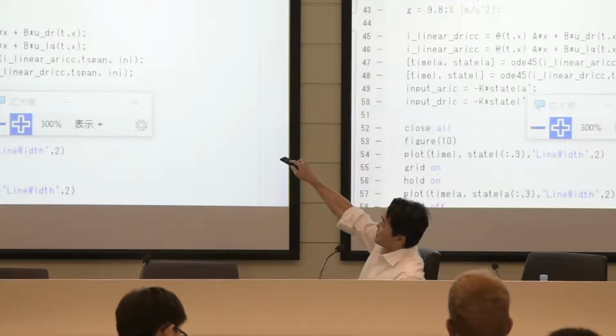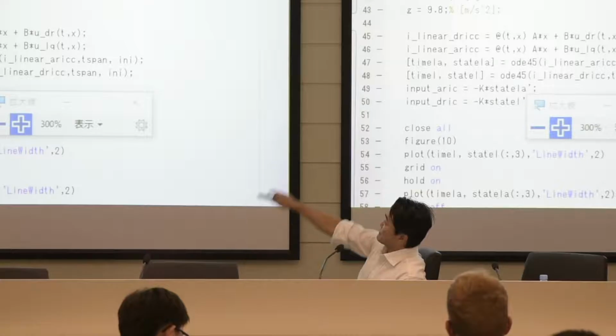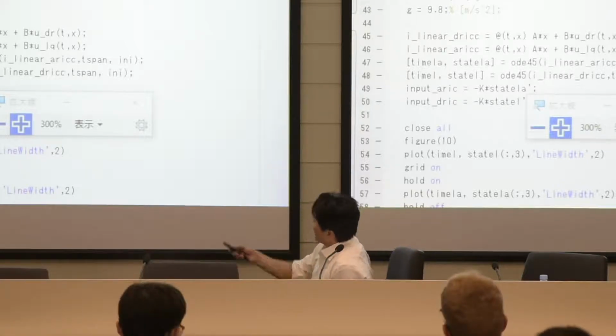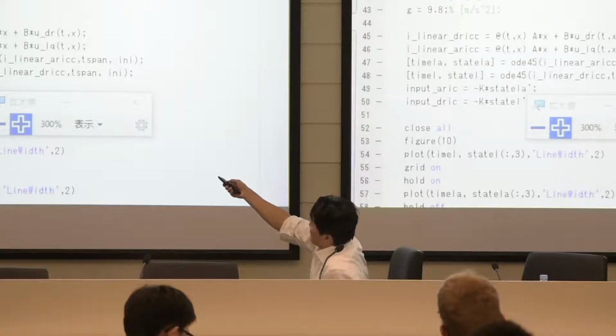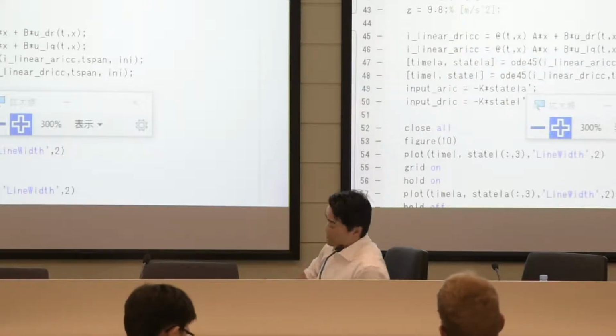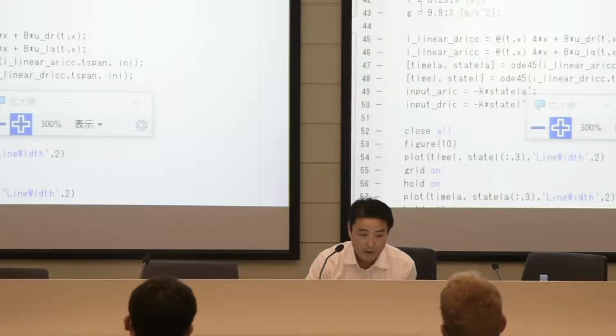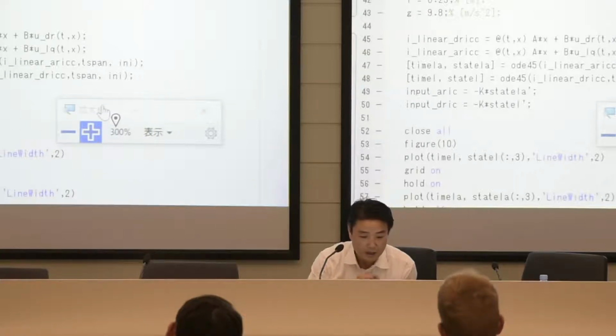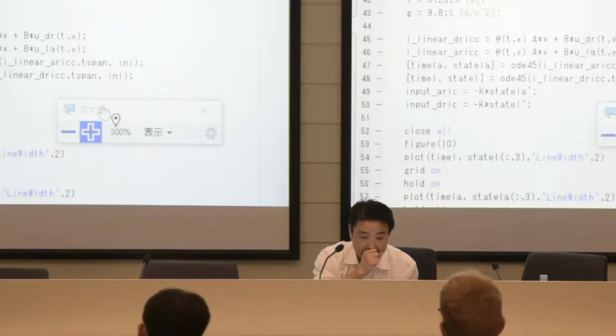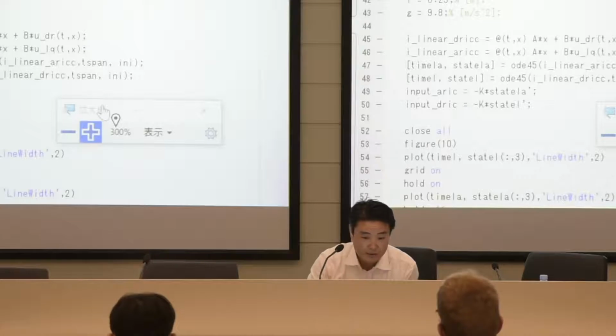This doesn't stabilize, but sometimes you want to try this. To get this u function, you have to solve the differential Riccati equation, right? And that is computed up here.